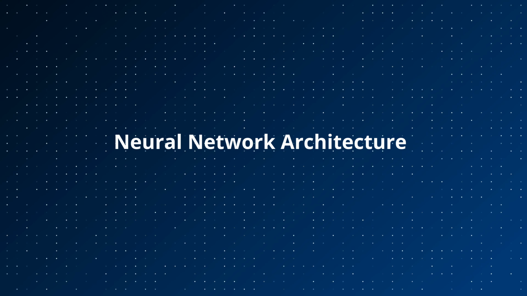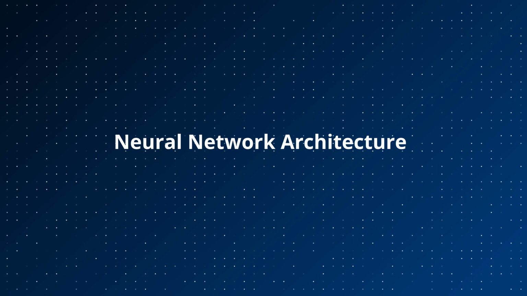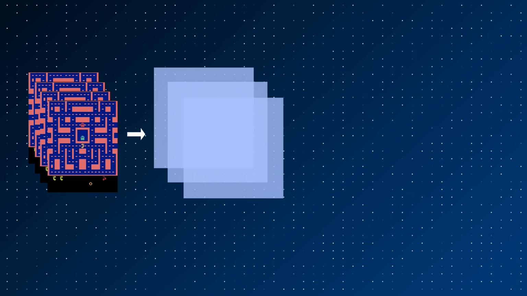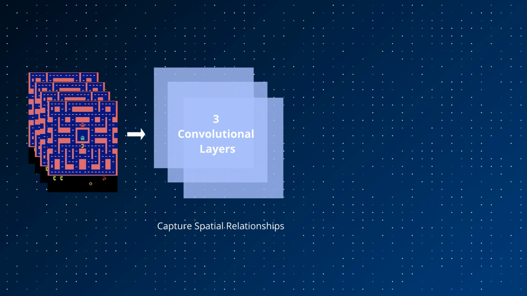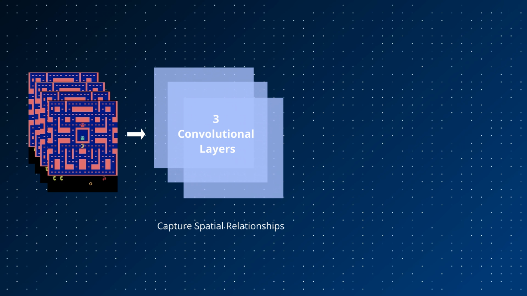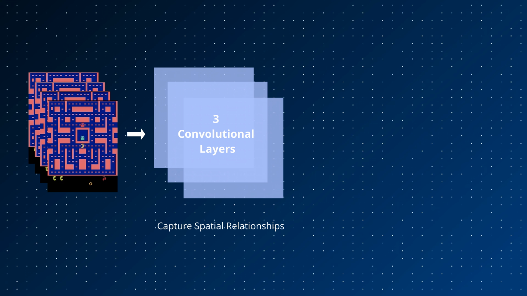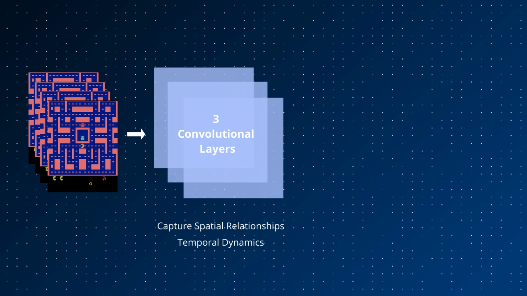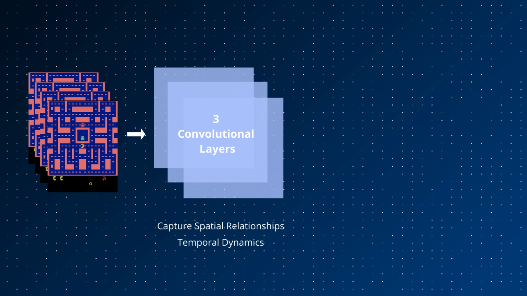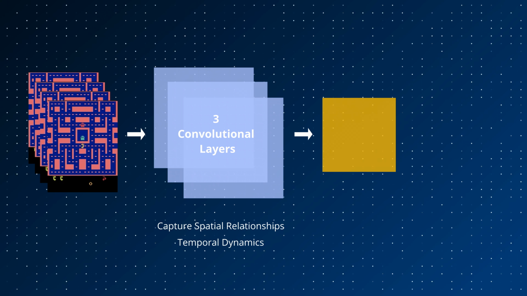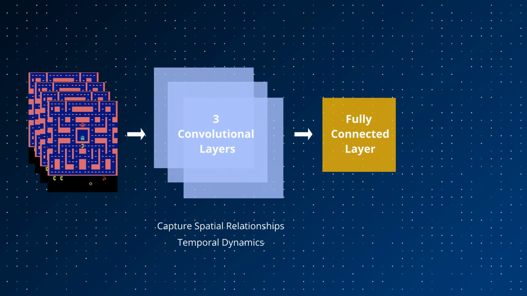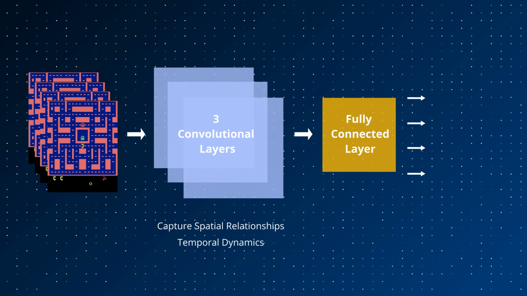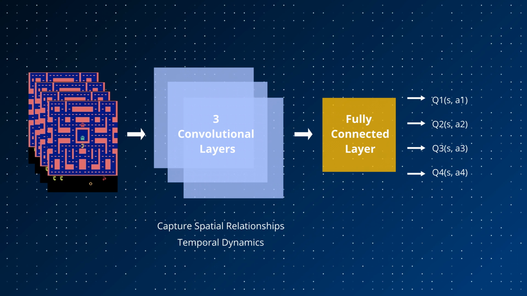Next, let's consider the neural network's architecture. The input passes through 3 convolutional layers, which are adept at capturing spatial relationships within the images. Because these layers are stacked, they can also interpret the temporal dynamics across a sequence of frames. Finally, the network's output layer, a fully connected layer, plays a crucial role. It produces a Q value for each possible action in the given state.